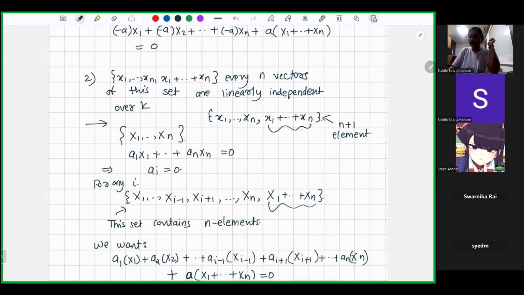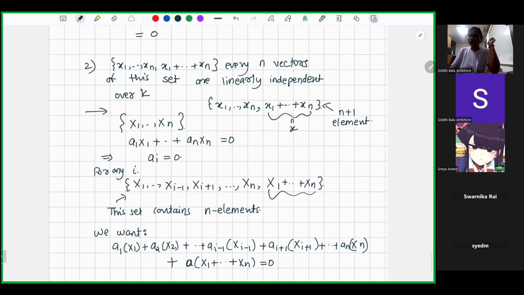Let us call this one x. So when I want to talk about n elements, I have to get rid of one each time. When I consider only the first n elements, linear independence follows. Then it is linearly independent.